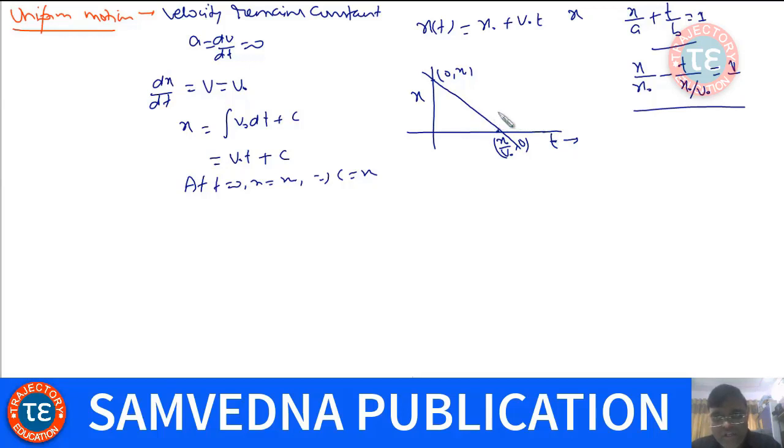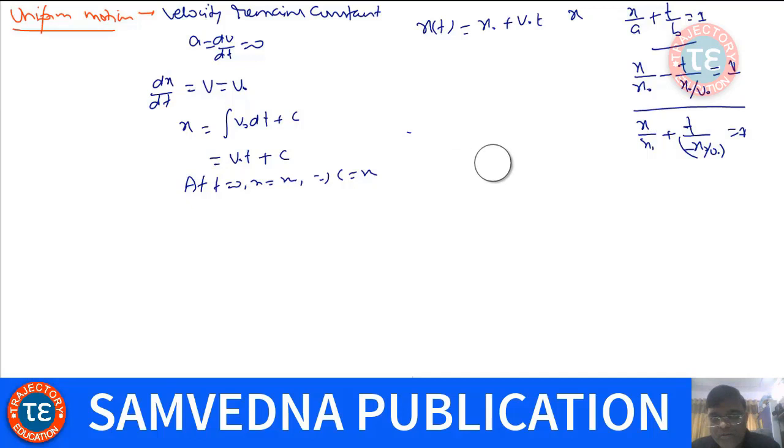Oh, sorry. In fact, I committed a mistake. Please remember, this is not the graph. This is a mistake. This is your time axis, x. So you have minus x naught by v naught here, and here you have x naught.